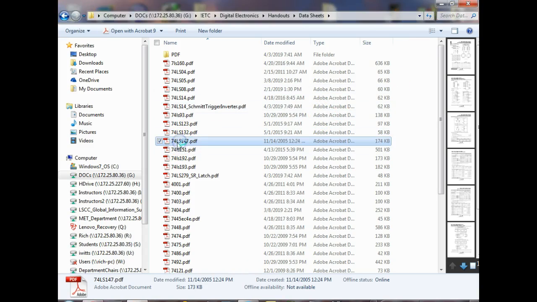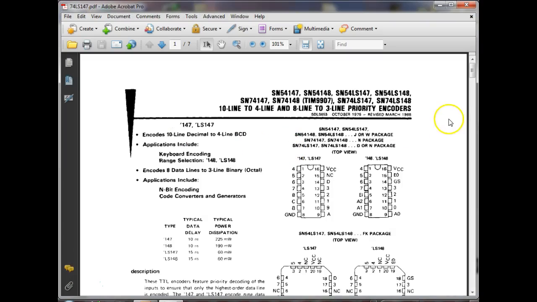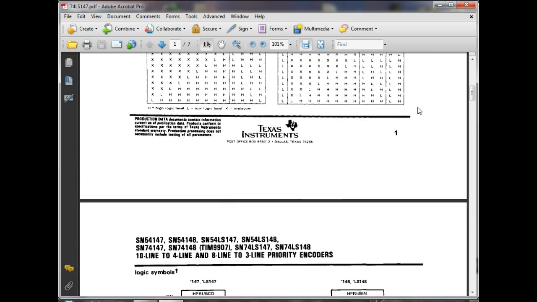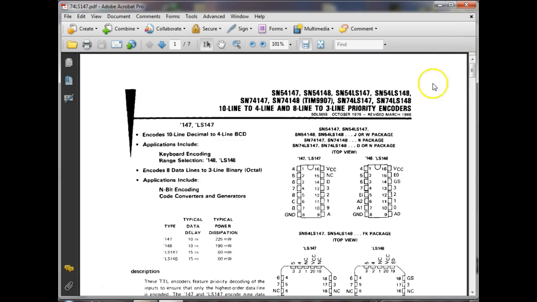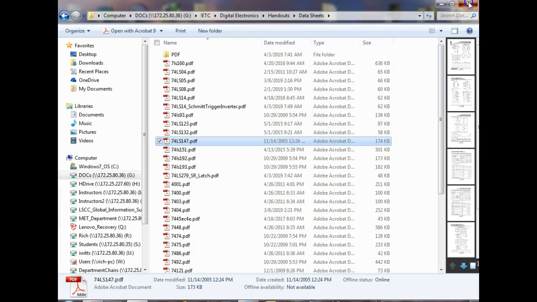So this is the 74147. So this is a what? An encoder, right? So that means if I come in and I still have this one hooked up, guys, it's very impressive.